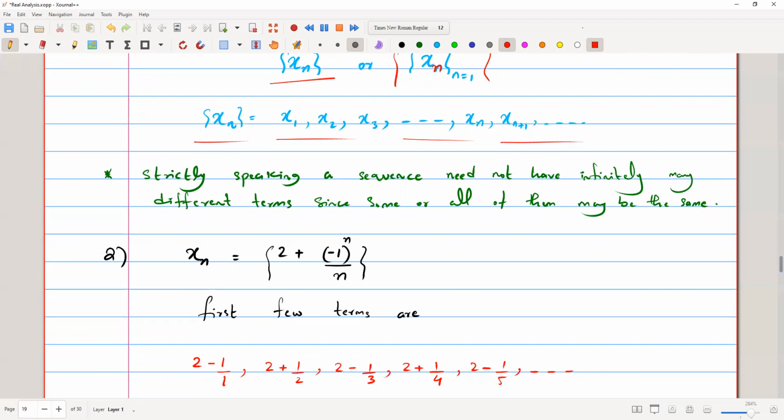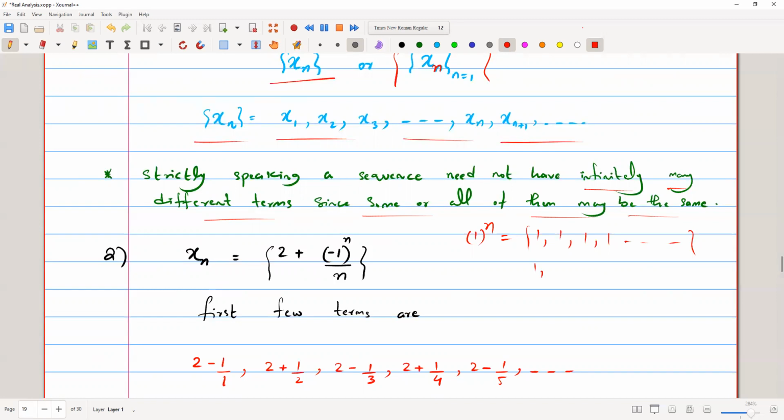So we need not have infinitely many different terms, since some or all of them may be the same. For instance, the constant sequence 1 to the power n gives 1, 1, 1, 1, and that is a sequence, and it's a constant sequence in fact. The terms are the same and they are infinite.